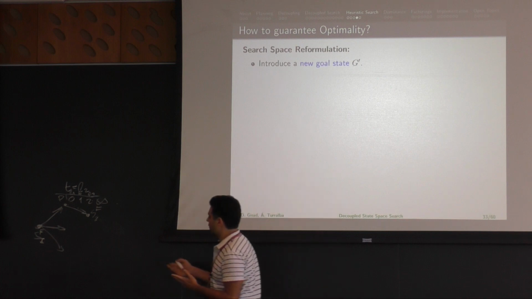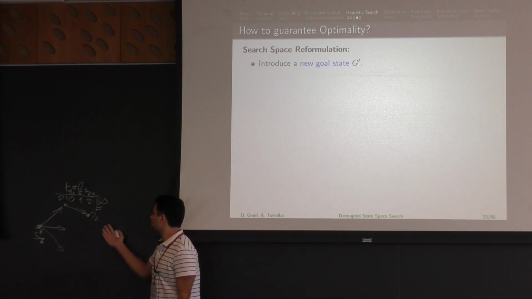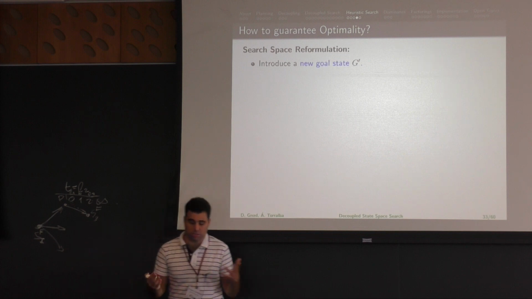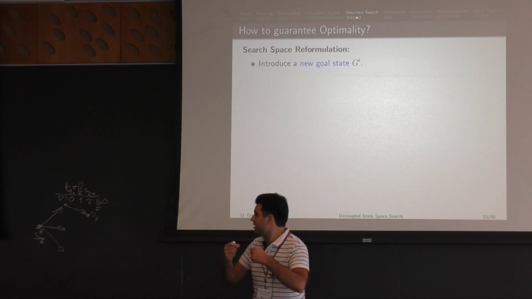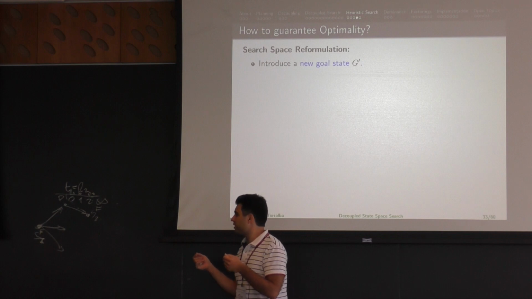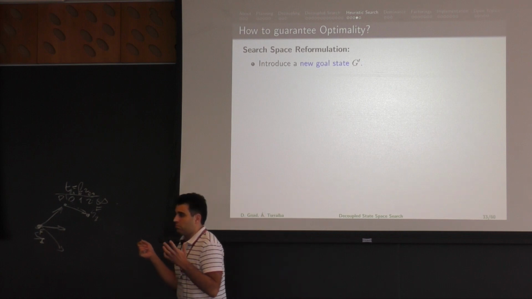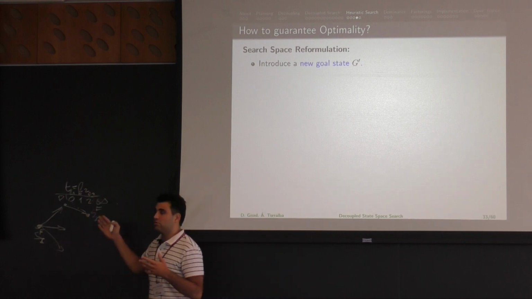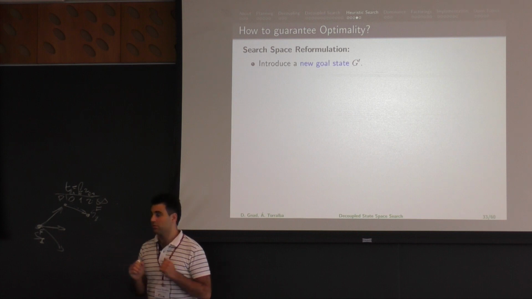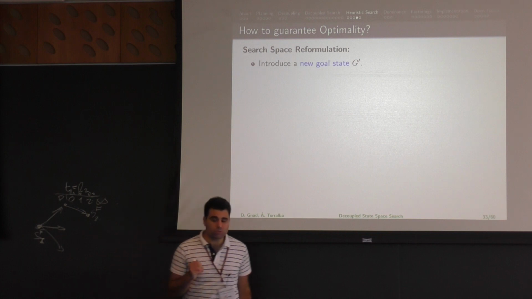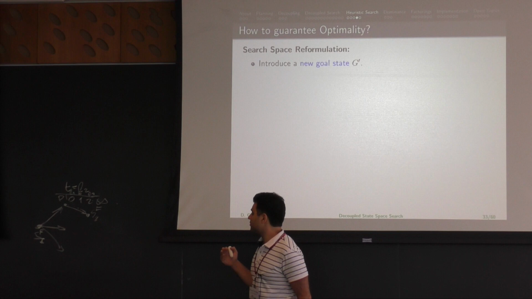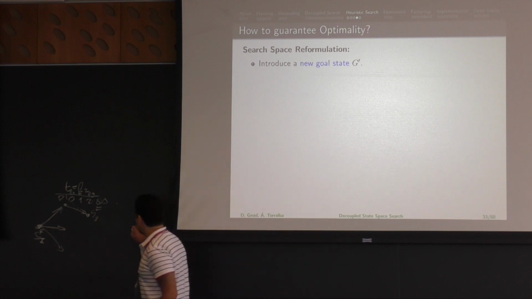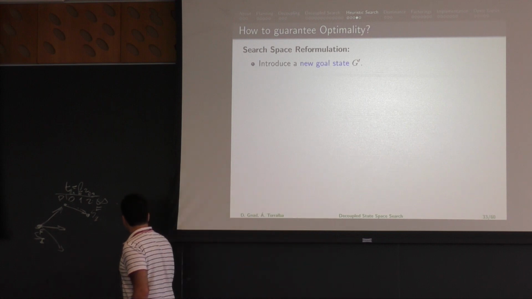And it's not if you just stop the search at this point, because basically this is achieving one leaf goal state for every leaf, but the global cost is not guaranteed to be optimal. So what we need to do in order to guarantee that this is optimal is to add an artificial final goal state.